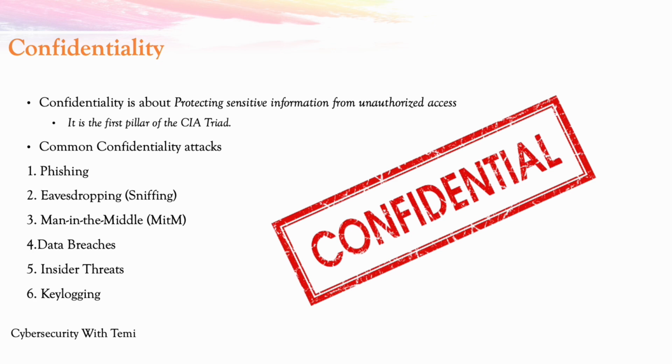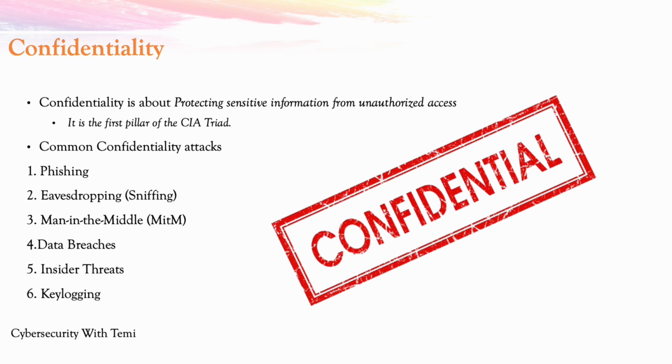Data breaches occur when confidential data is exposed to unauthorized individuals, either because of hacking or an insider leak. We hear about data breaches in the news all the time. Personal details of millions of people stolen from companies and exposed online. Also, insider threats, and these are threats that come from within an organization, which could be malicious or unintentional.